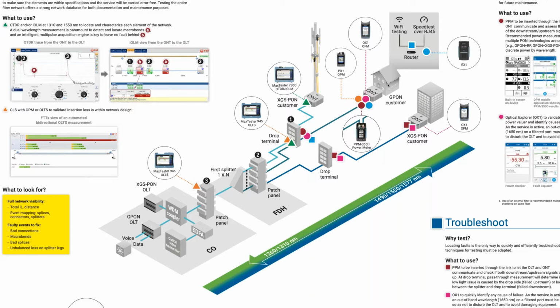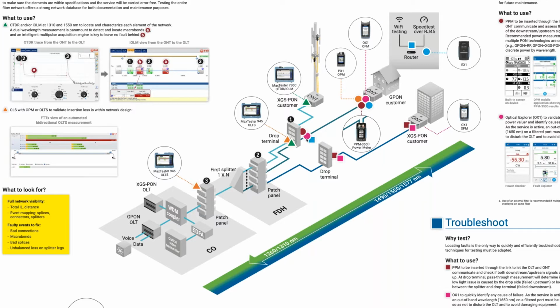Even here at the customer ONT, we can use a standard power meter or even an OX1, which we'll talk about briefly, which has a power checker mode, or even one of these small power checkers like the MPC 103. All of these power meters are limited in that they do not have a filter in them. We'll also talk about a PON power meter, which is a filtered power meter.